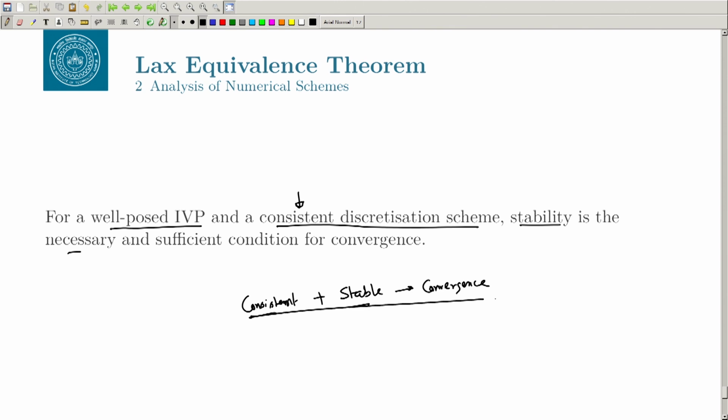Okay. So, you are guaranteed to get convergence if you have a consistent and stable scheme. Okay.